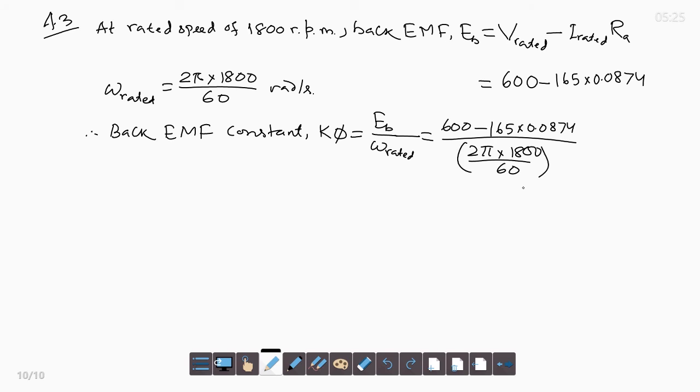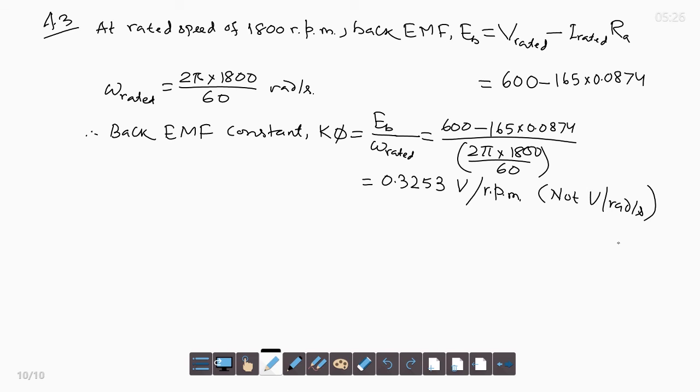So this is 0.3253 volt per RPM, not volt per radian per second.